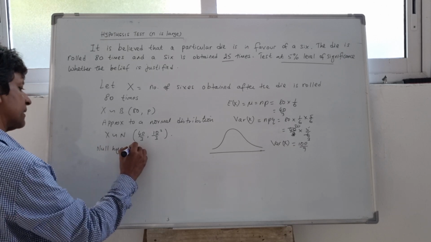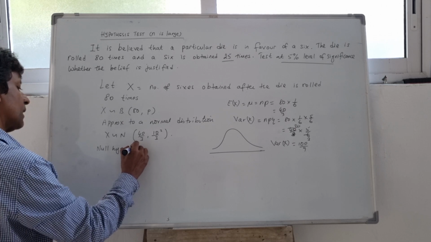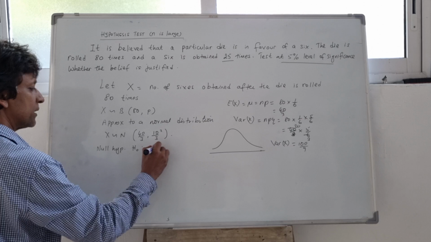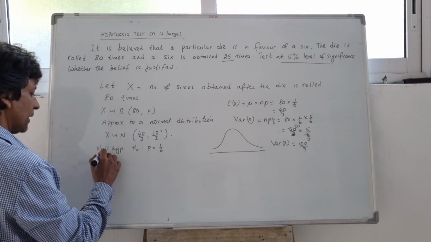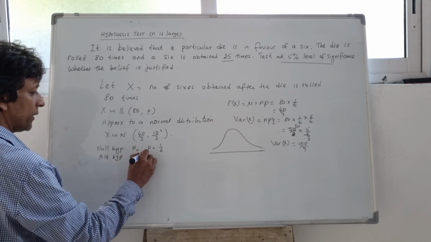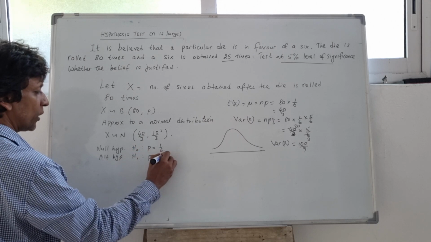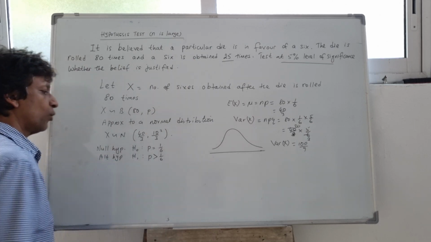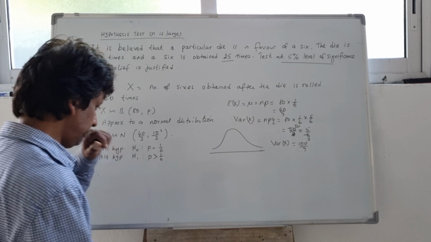The null hypothesis, H0, is such that p is equal to 1 over 6. And the alternative hypothesis, H1, is such that p is greater than 1 over 6, because it's in favor of a 6, therefore it could only be greater, it can't be less.